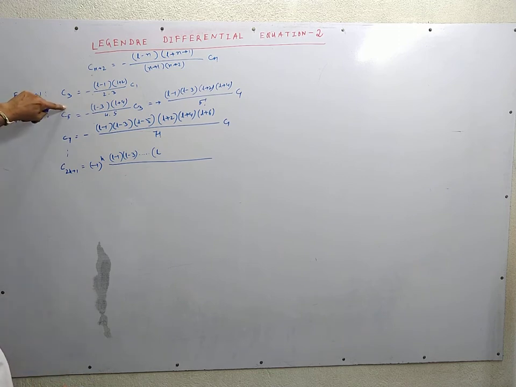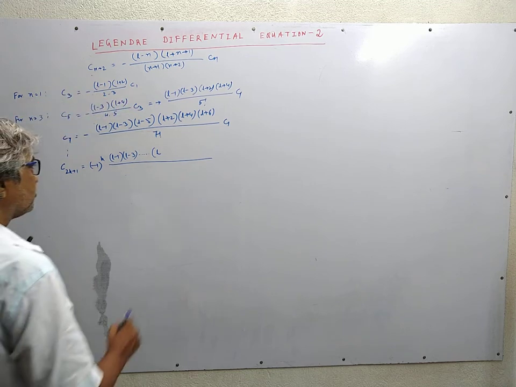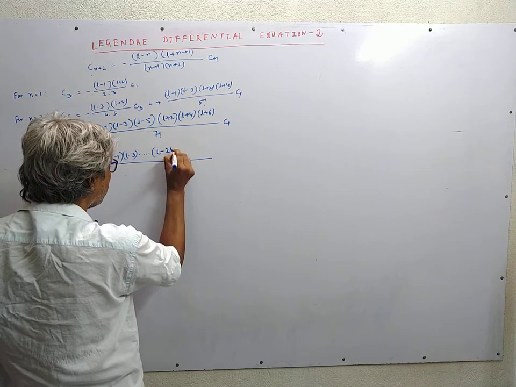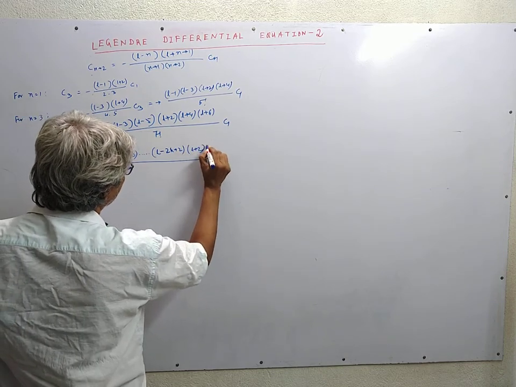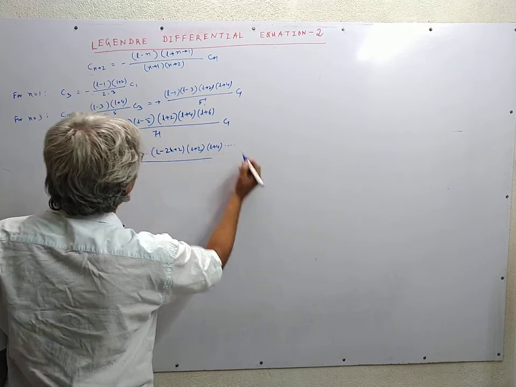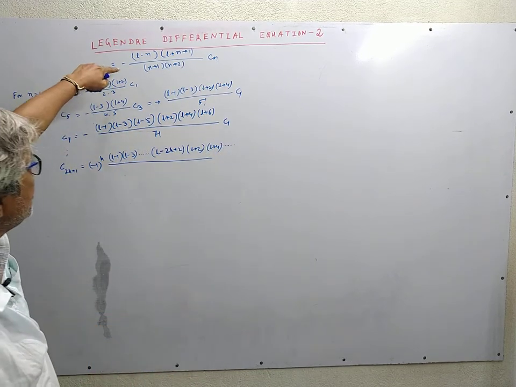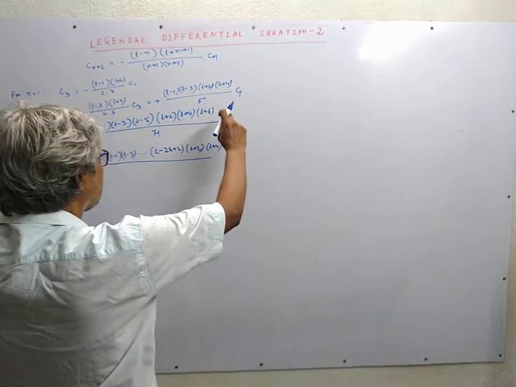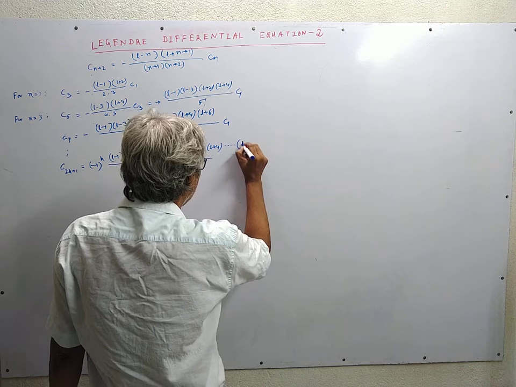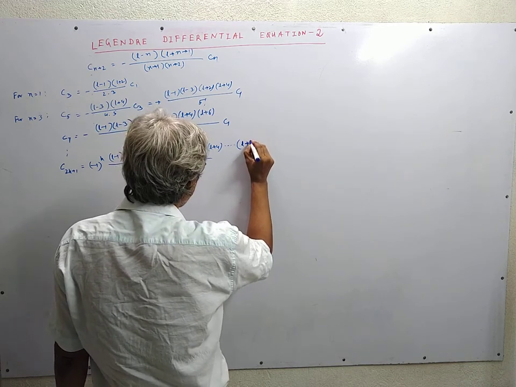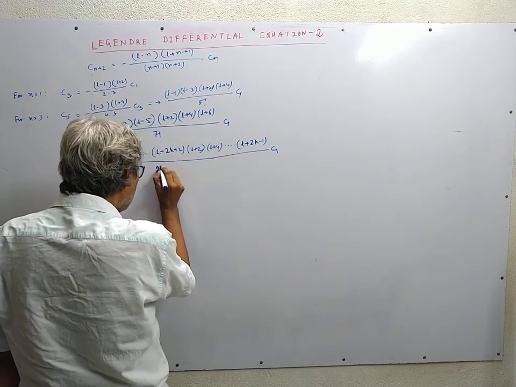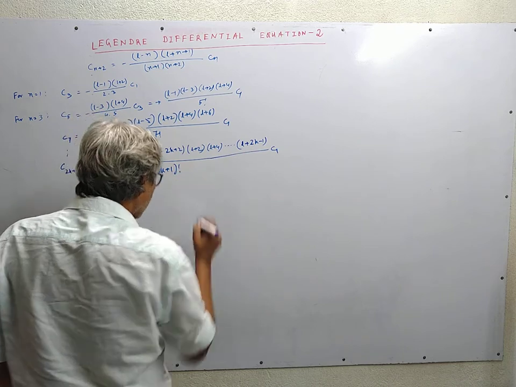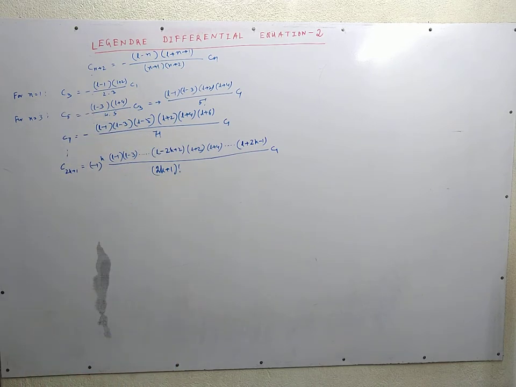You see, this factor is 1 for 3, 3 for 5, and 5 for 7, so it is (L minus 2k plus 2), and then we have (L plus 2)(L plus 4), and you see that this is 2 for 3, 4 for 5, and so on, so the last factor is (L plus 2k minus 1), times C1, divided by (2k plus 1) factorial. So this is the expression for the odd series.